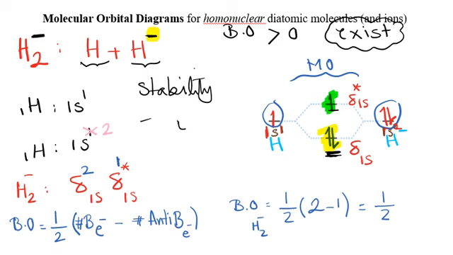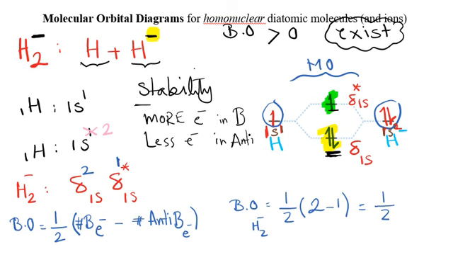Let me write in better handwriting: more electrons in bonding, less electrons in anti-bonding makes more stability.